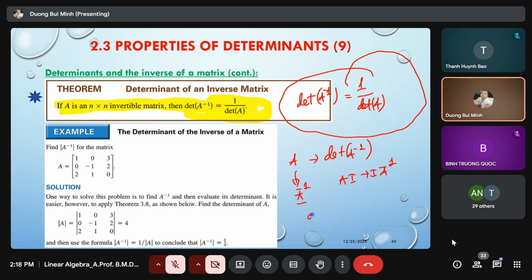After that, they calculate the determinant of the inverse of A. Instead, you just calculate the determinant of A and take the reciprocal, and you get the determinant of the inverse of A very quickly.